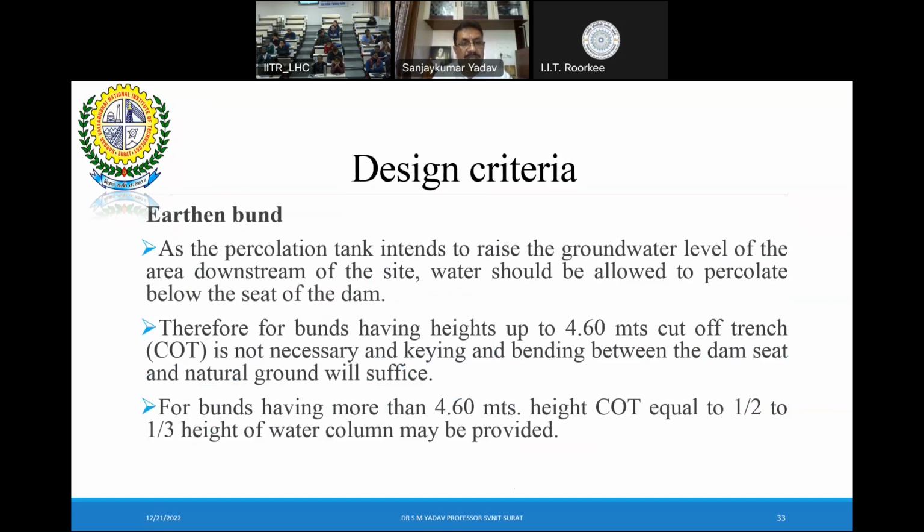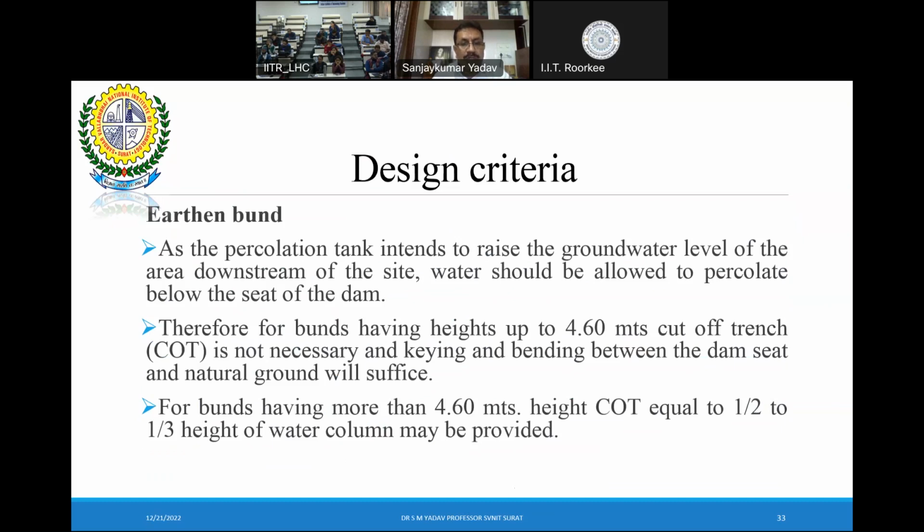The earthen bunds are the most important part of the tanks. As the percolation tank intends to raise the groundwater level of the area downstream of the site, water should be allowed to percolate below the seat of the dam. Therefore, for bunds having height up to 4.6 meters, a cutoff trench is not necessary, and keying and benching between the dam seat and natural ground will be sufficient.